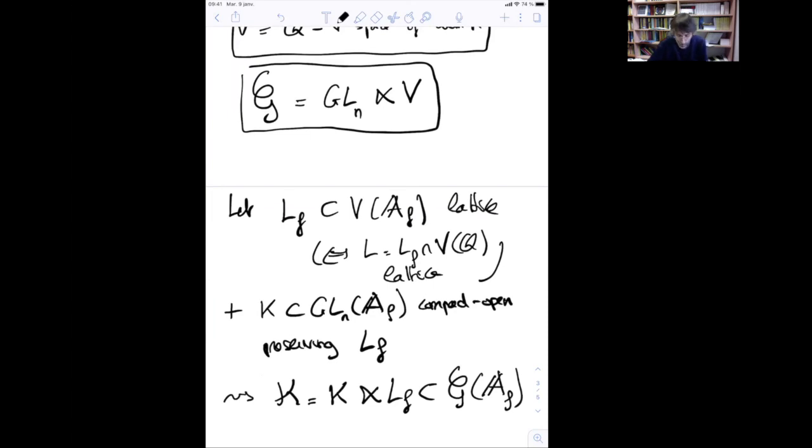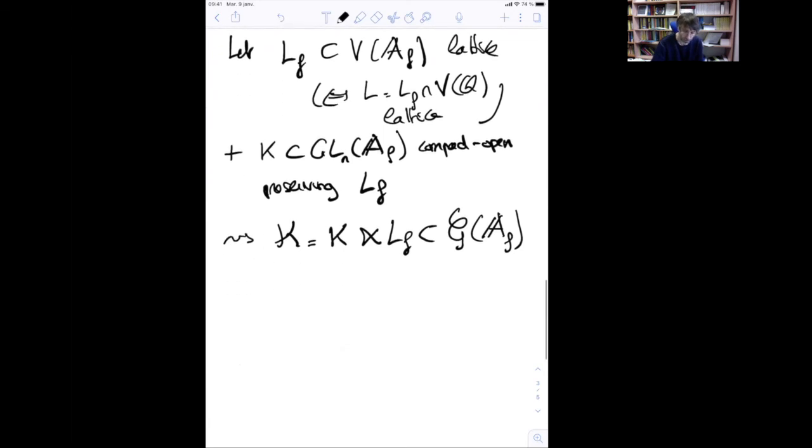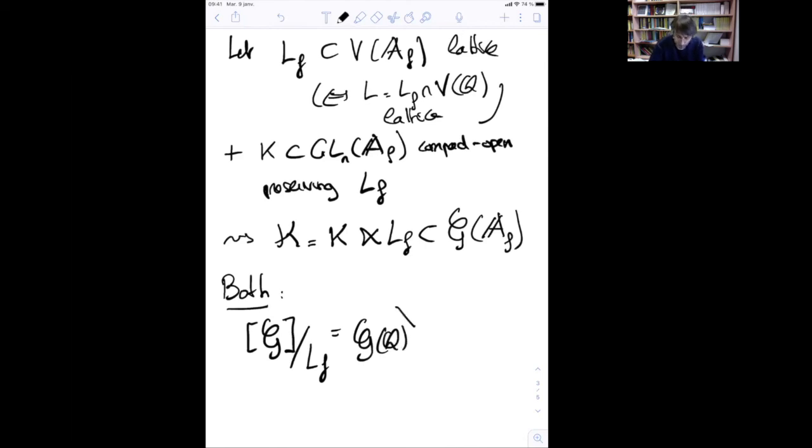So I will consider this compact open subgroup, and now we can consider both things. It's completely analogous to what happened with GL_n. You take the double quotient, but instead of putting G of A, I will enlarge a little bit.